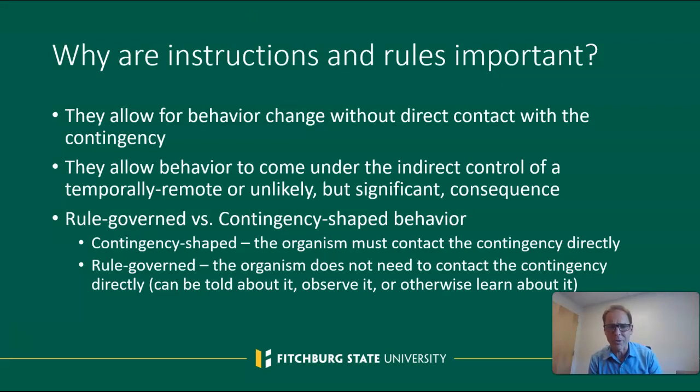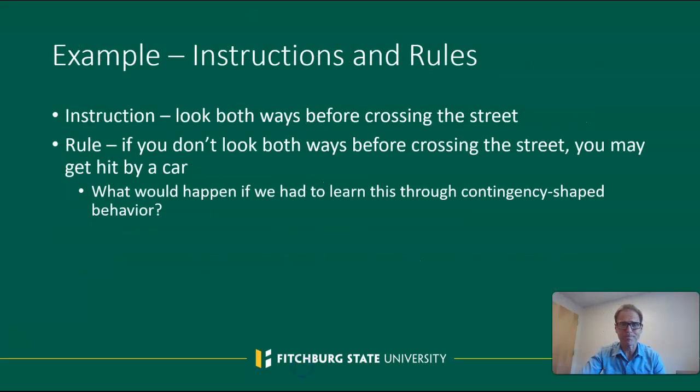Whereas with rule-governed behavior, the organism does not need to contact that contingency directly. They can be told about the contingency, they can observe someone else coming into contact with the contingency, they can otherwise learn about the contingency without directly contacting it, but it still impacts their behavior. So again, that distinction: rule-governed, they don't directly contact the contingency. Contingency-shaped, they must directly contact that contingency.